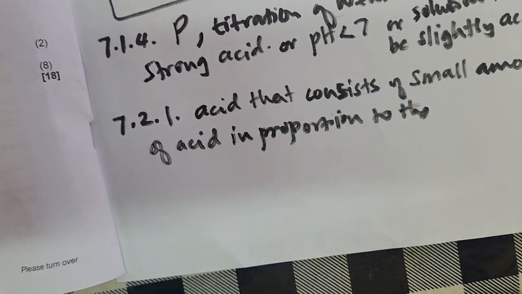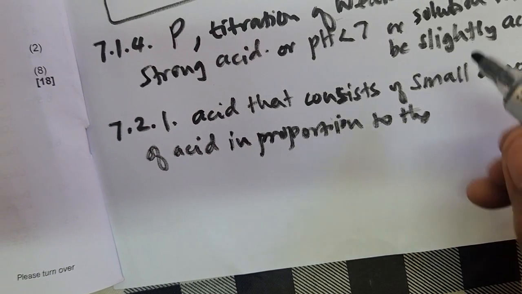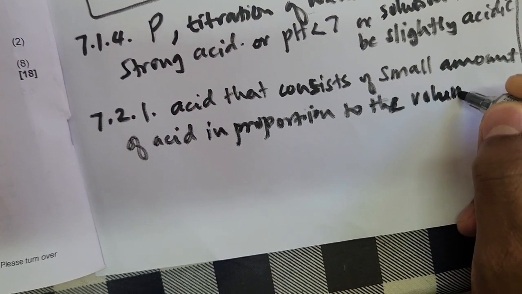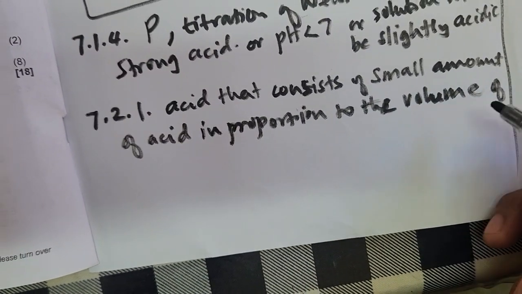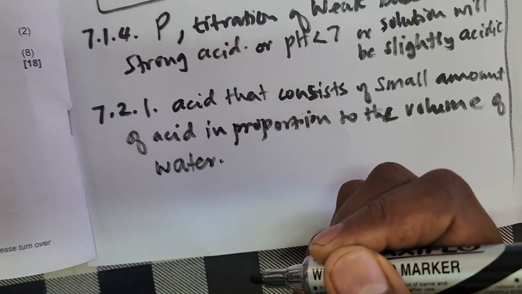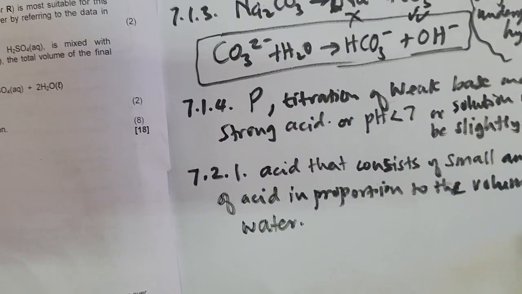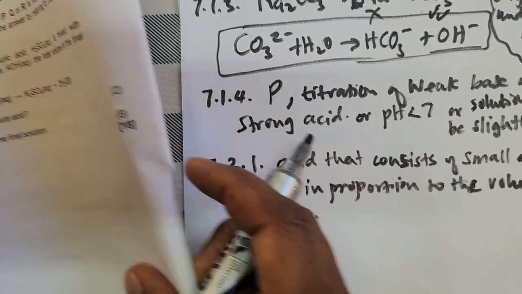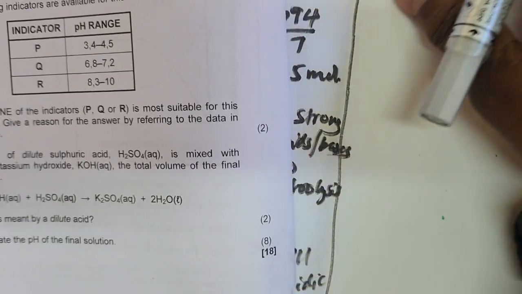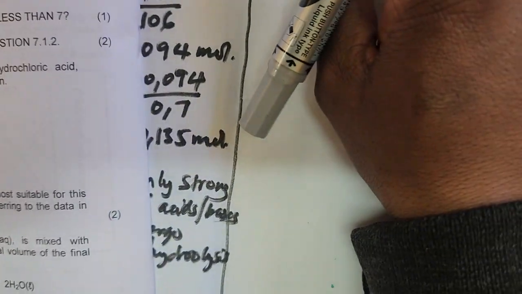In proportion to the volume of water. Very important, that one. To the volume of water. That is your dilute acid. It's about the volume of water in that solution.